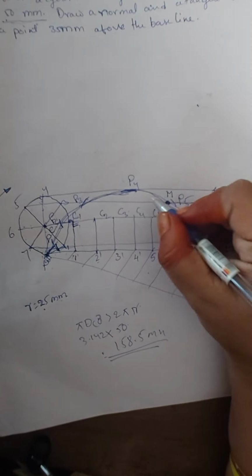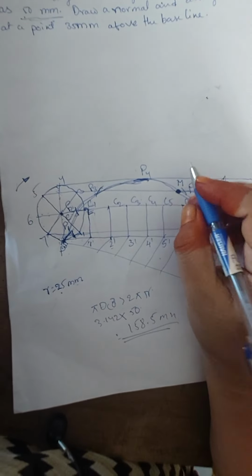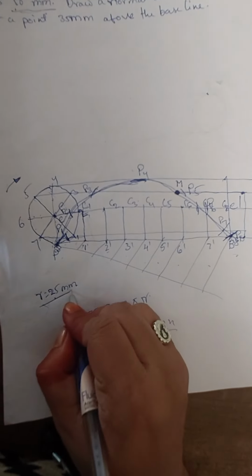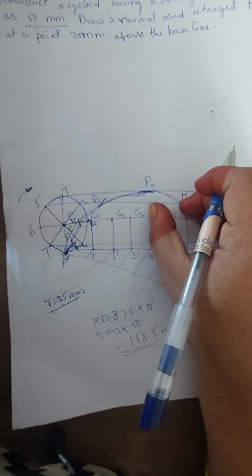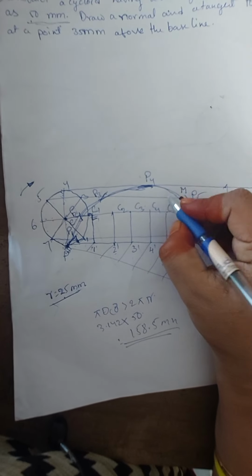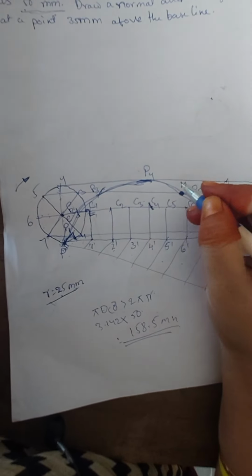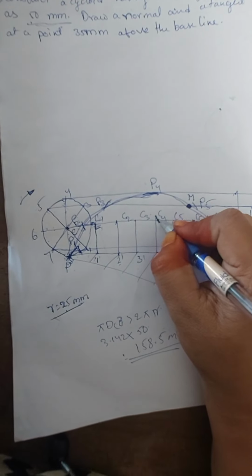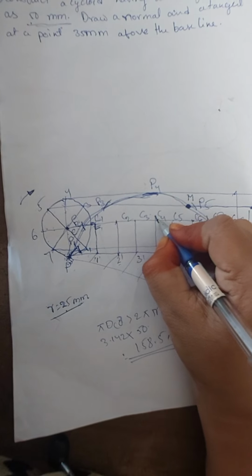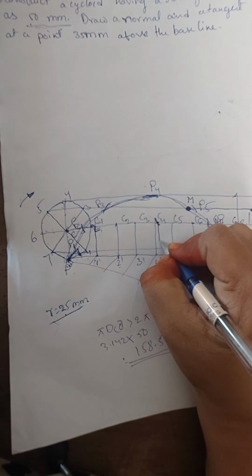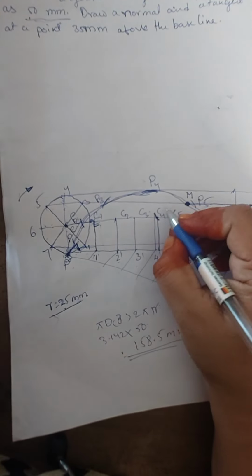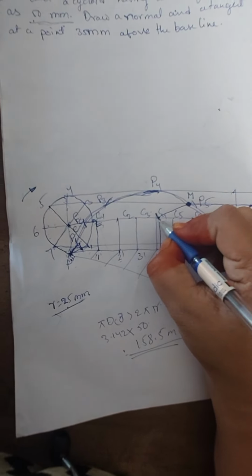and name the point as M. From M, with the radius 25 mm, draw the arc on the center line C1. Here we'll get a point, and from this point draw the perpendicular line onto the fixed straight line.